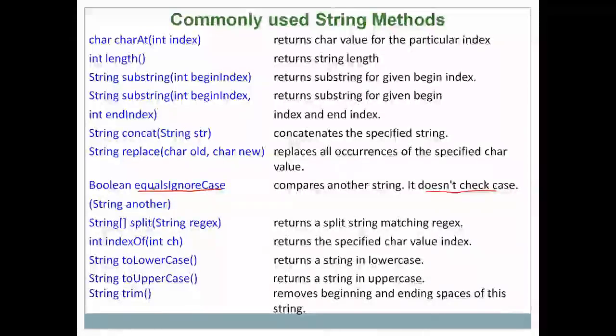And there is one more method, equalsIgnoreCase. In the equals method, it even checks the case of the characters, capital and small are considered different. But in equalsIgnoreCase, the case of characters is ignored, so capital and small are considered the same. So let us look at the equals method first, then equalsIgnoreCase. And this method takes one argument, a string.